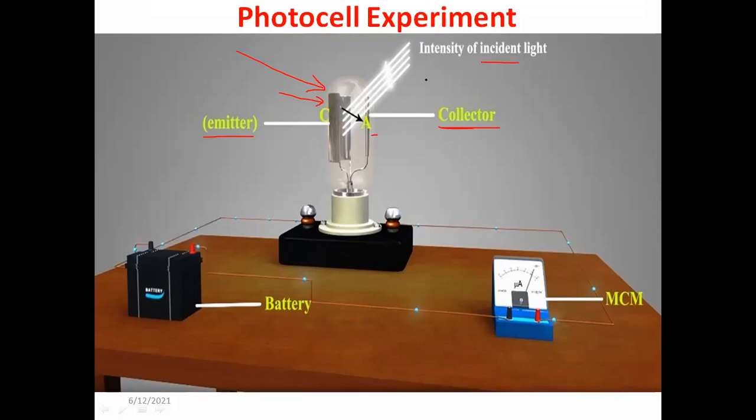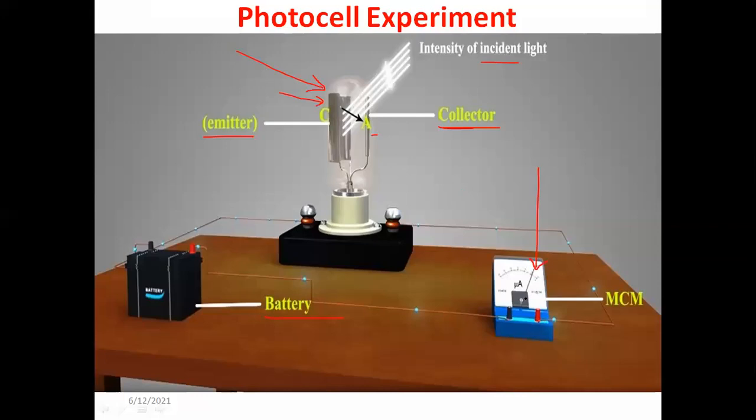Because of the photoelectric effect, which you might be remembering as investigated by Einstein, if we supply a battery to the cathode and the anode of the photocell, we can observe the current, which is shown in the micrometer.